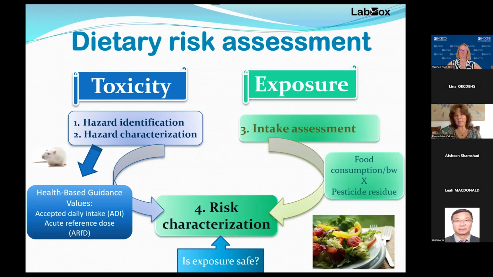And the intake assessment uses basically three data: the food consumption, body weight, and the pesticide residue. And the risk characterization, after all, tries to answer the question: based on the toxicity and exposure, is the exposure to that pesticide safe for consumers? That's the question that the risk assessment wants to answer.